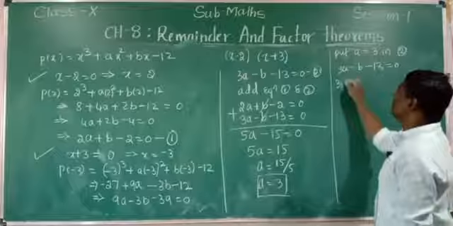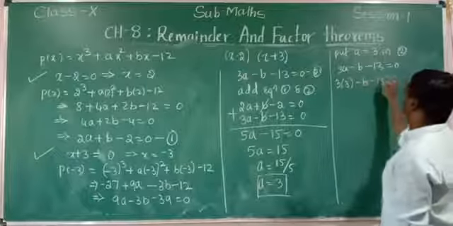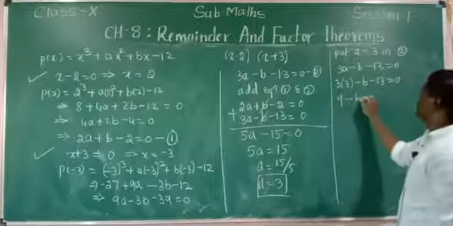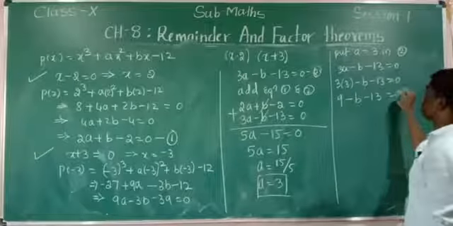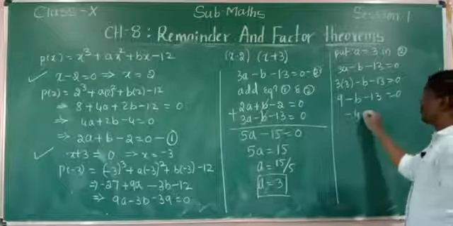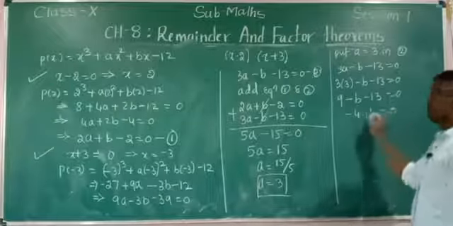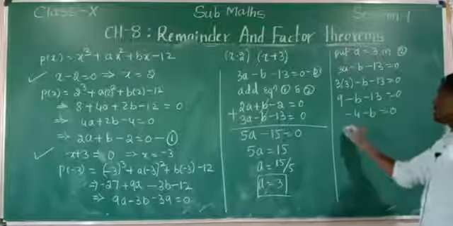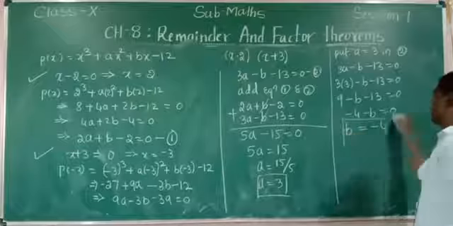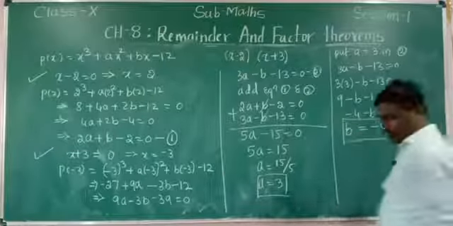So 3 into 3 minus b minus 13 is equal to 0. 3 threes are 9, minus b minus 13, which is equal to 0. 9 minus 13 is minus 4, minus b, which is equal to 0. Just take this minus b to the RHS side, it becomes plus b. So b is equal to minus 4.